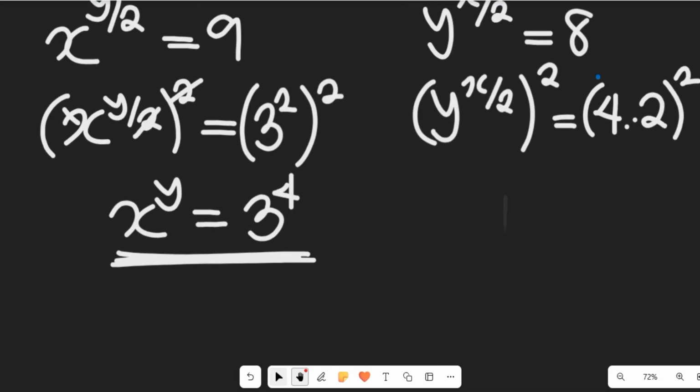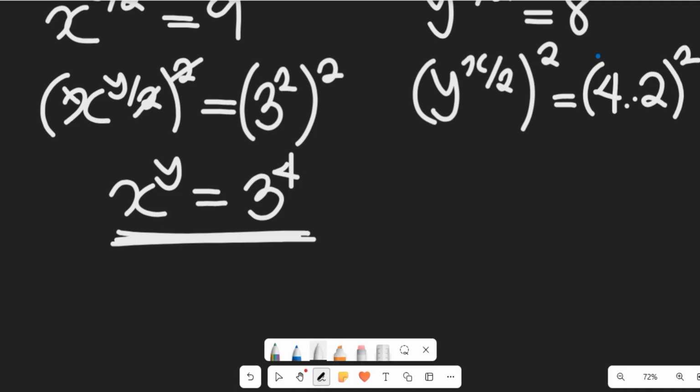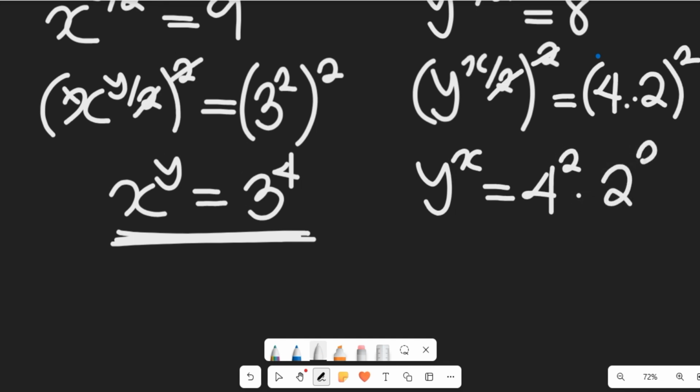Now, if we simplify this one, we will get the answer to become, this one go cut this one. So we will get y to the power of x to dey equal to 4 go carry square, and then 2 go also carry square. So y to the power of x go dey equal to 4 square and wetin? And this one go give us 2 square go give us 4.